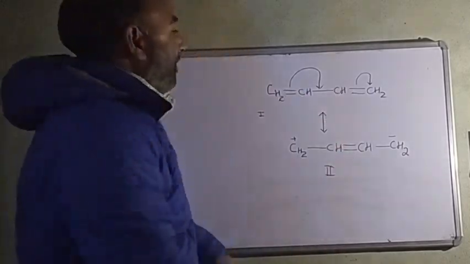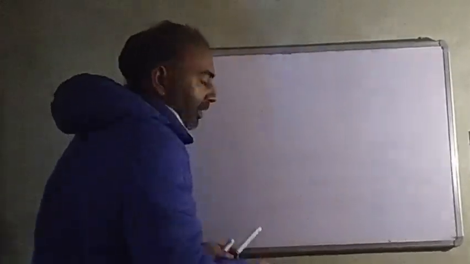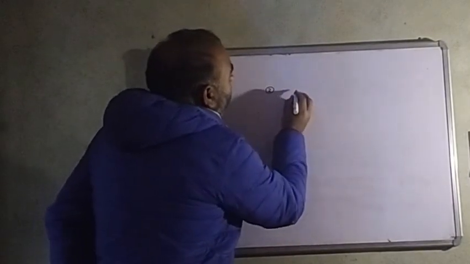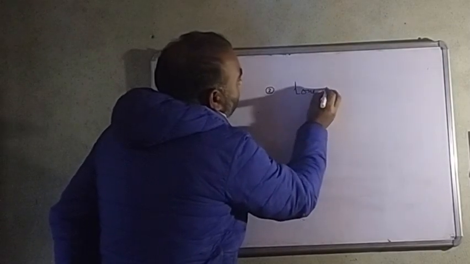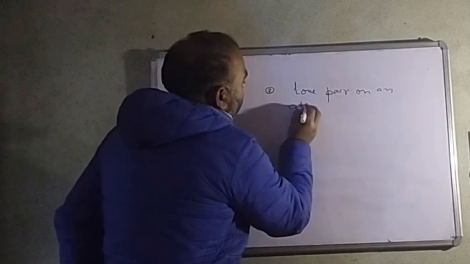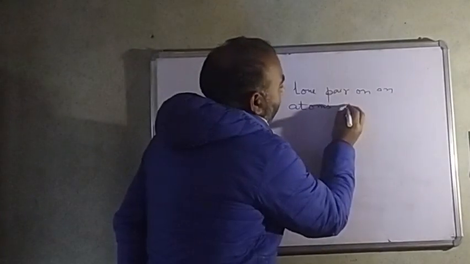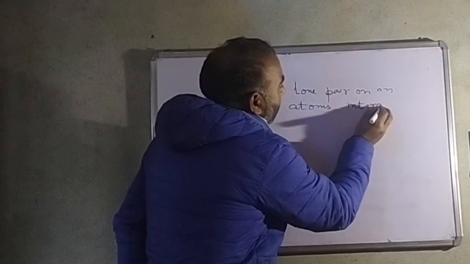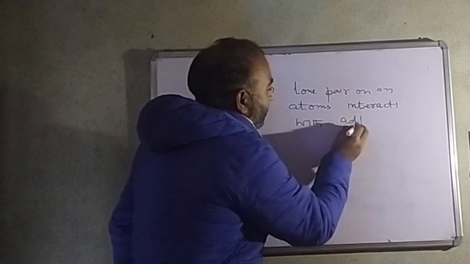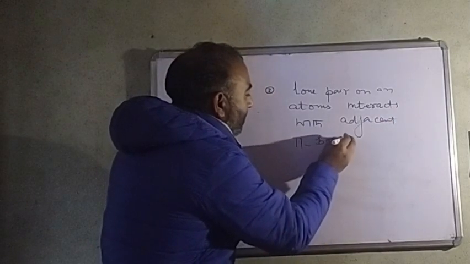I will give you a second example. The second example is a lone pair on an atom that interacts with an adjacent pi bond or pi bonds.